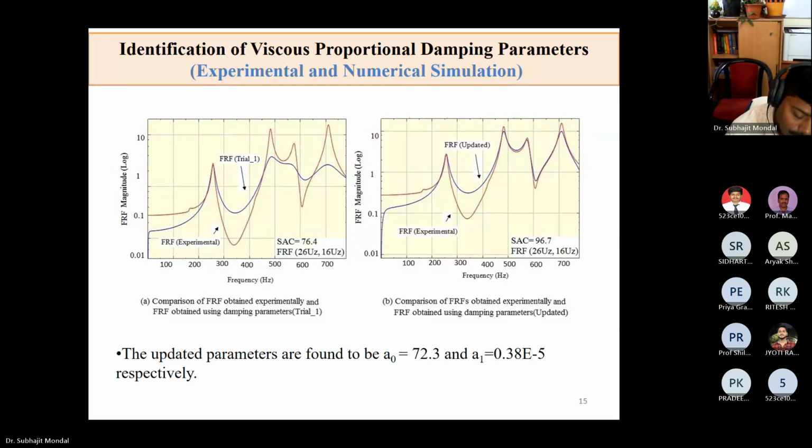So what we do is displace the whole plate or whole beam, place our accelerometer, hit it, and measure the acceleration. Acceleration means we will get time domain data: here we have acceleration and here we have time.